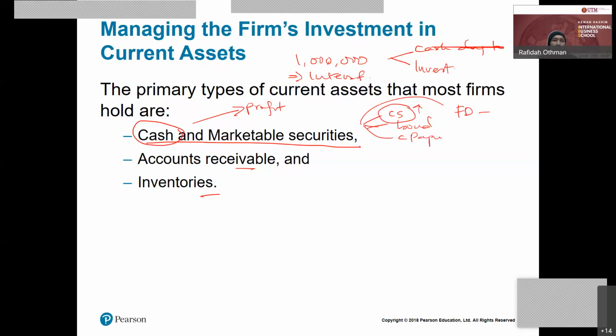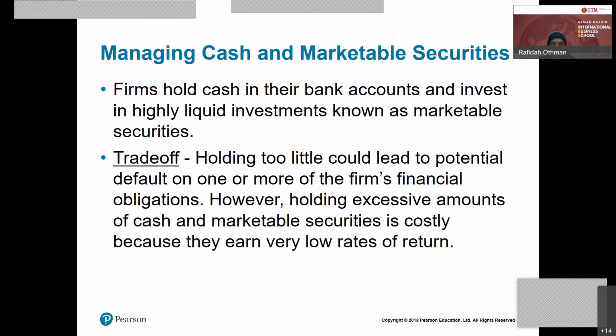In managing cash and marketable security, there is a trade-off between keeping a lot of cash and investing some of the money. Firms hold cash in their bank account and invest in highly liquid investment known as marketable security. Holding an excessive amount of cash and marketable security is costly because they earn a low rate of return.